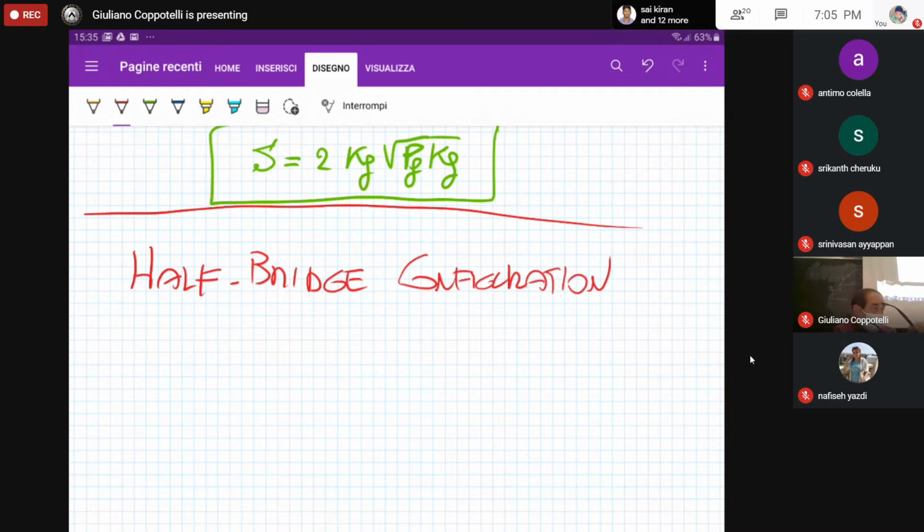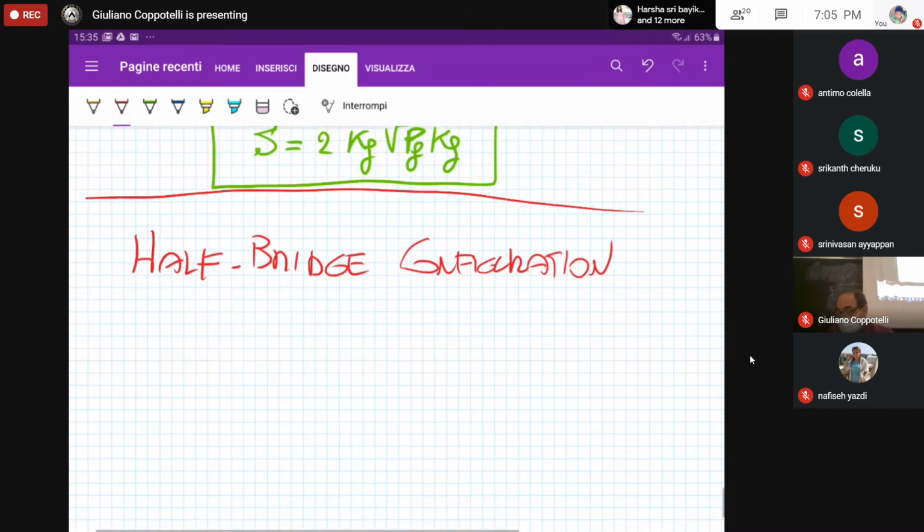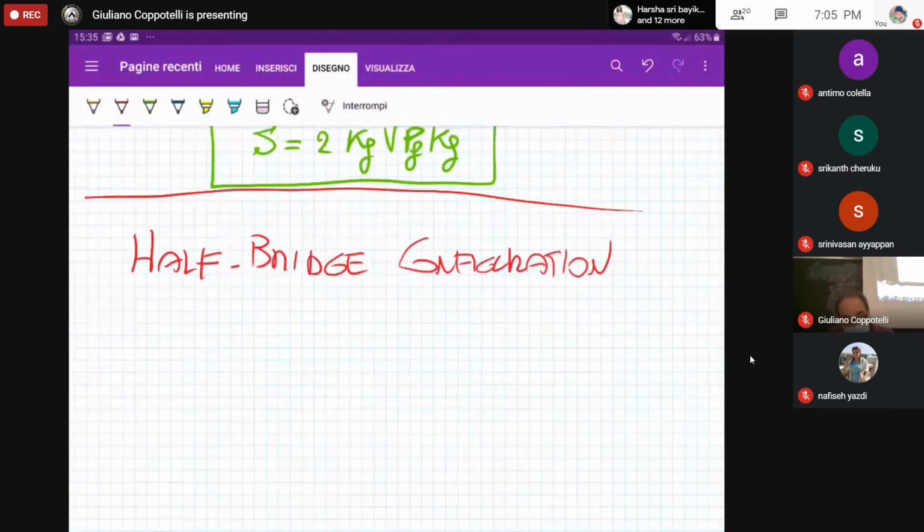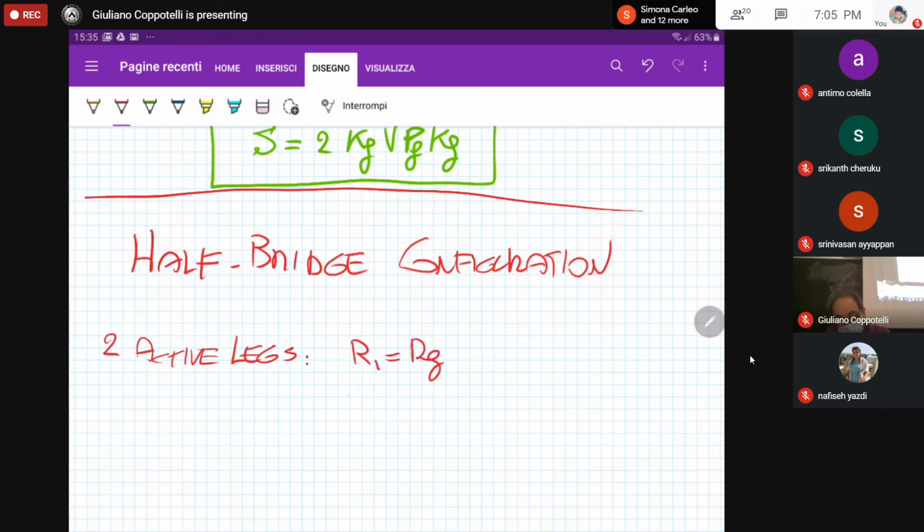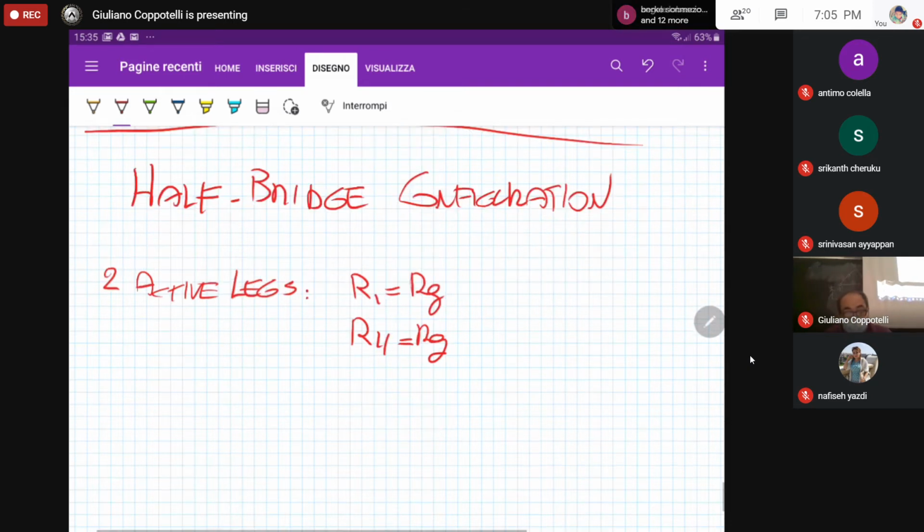Please remember that the sensitivity is higher when using 1 and 4. Otherwise, you won't pass the exam, and the sensitivity is lower. So half bridge, what we are saying is 2 active legs, that is R1 is equal to RG and R4 is equal to RG. Okay, then just to be sure, leg 1 and 4.